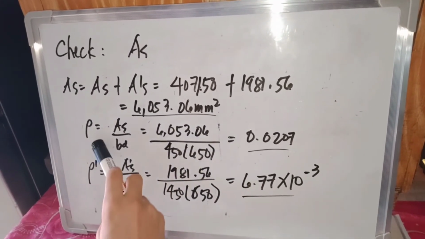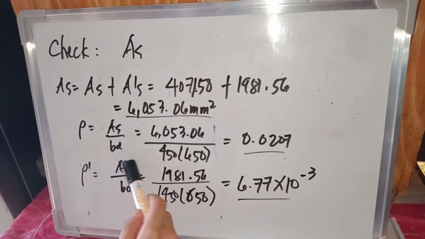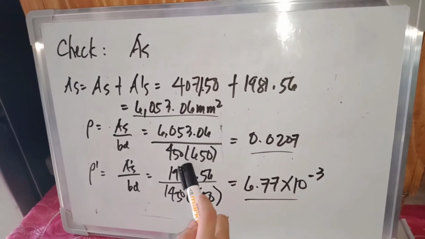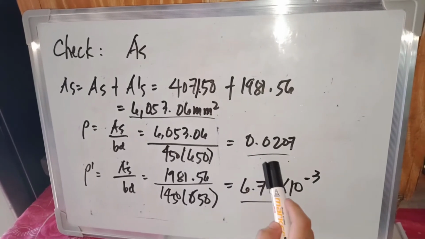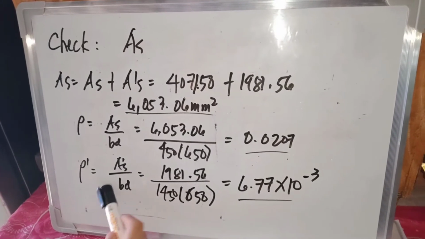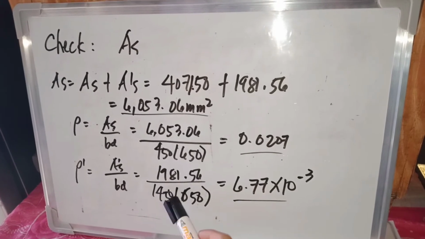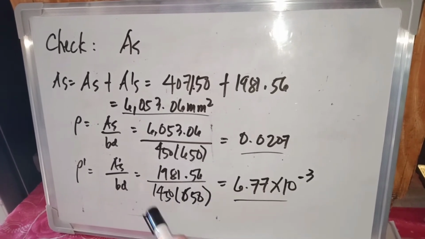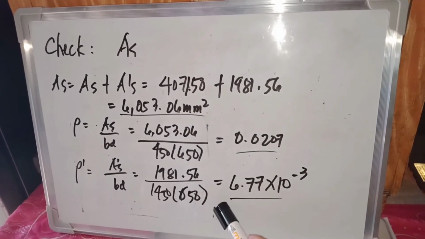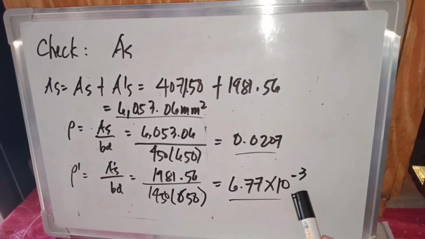Rho equals AS over BD, equal to 6,053.06 over 450 times 650, and we get 0.0207. So our rho prime is equal to A prime S divided by B times D, equals 1,981.56 divided by 450 times 650, equals 6.77 times 10 to the power of -3.